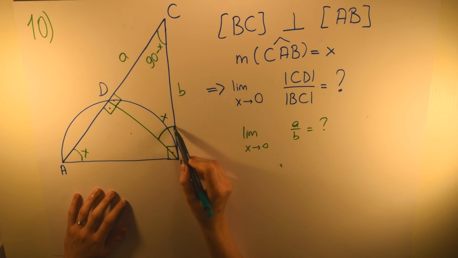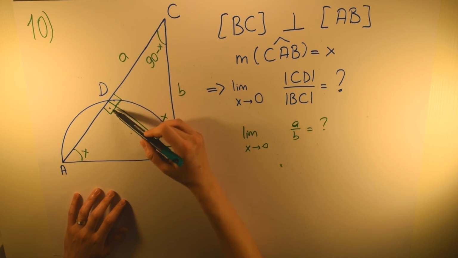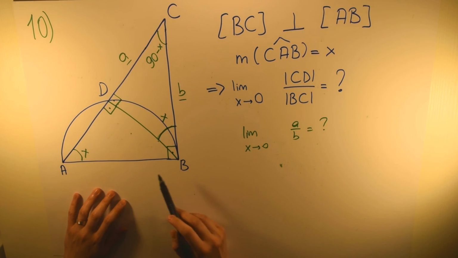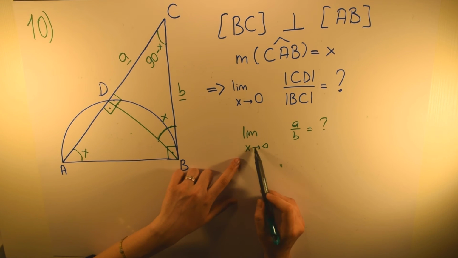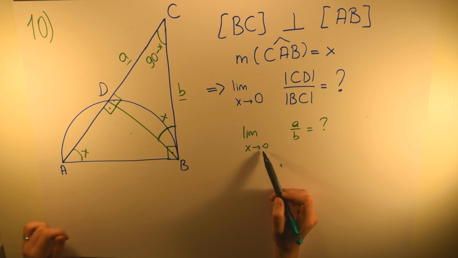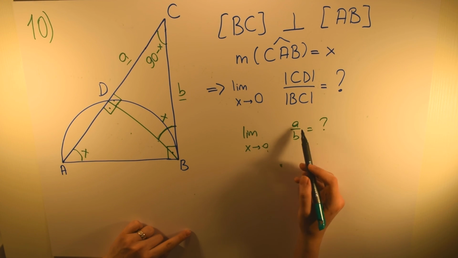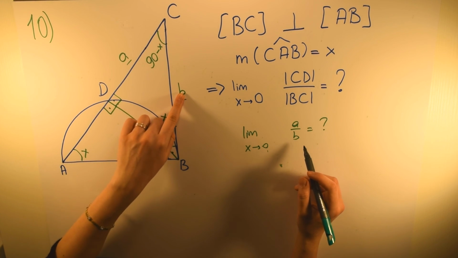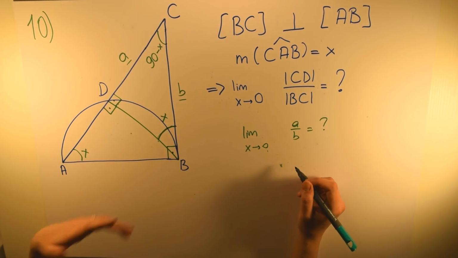Now, I know that this angle is equal to x, and I have this right triangle here. I have my lengths A and B here. So let's look at our question. It asks limit as x goes to 0, A over B. So what is this A over B equal to?